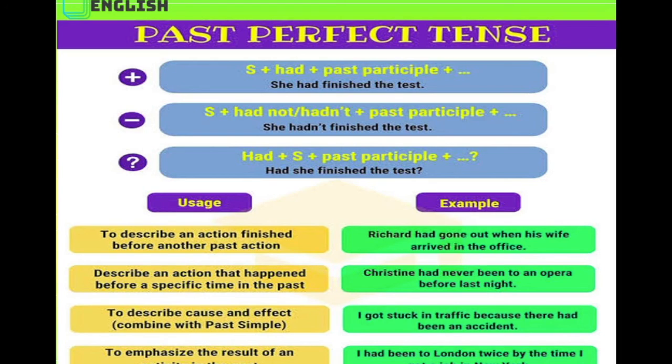And when we are using had, we are going to use the verb's third form. So this is the main thing you have to remember while using had as an auxiliary verb.